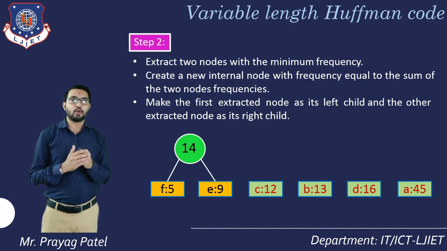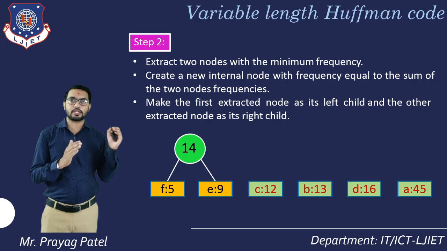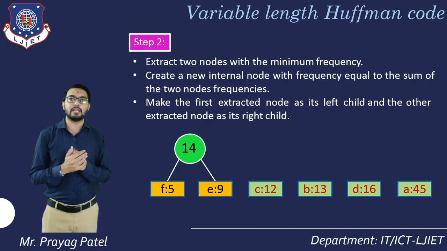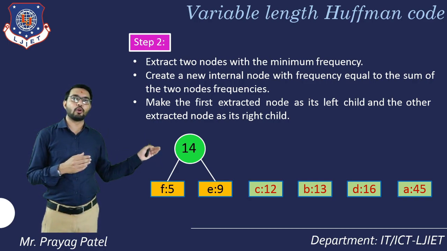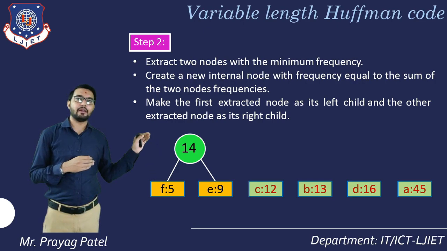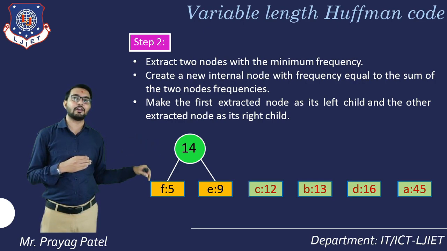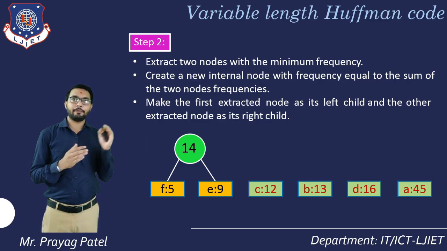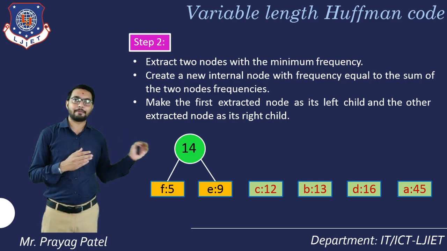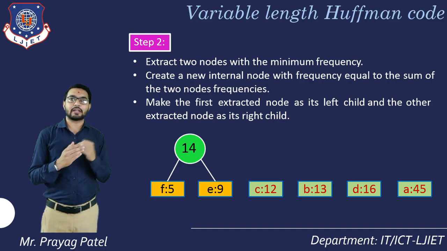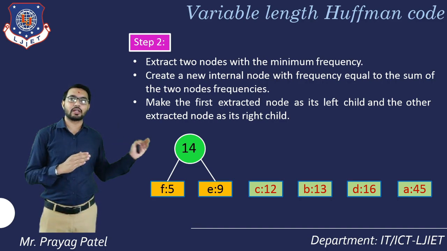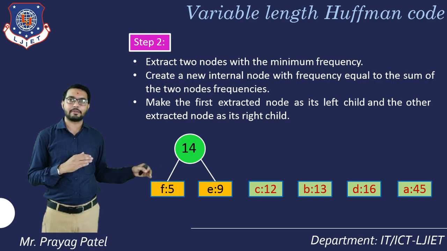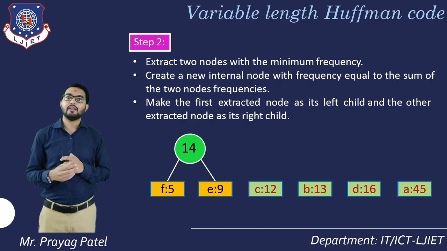Create a new internal node whose frequency equals the sum of the two nodes' frequencies. So the new internal node is 14, the addition of frequencies 5 and 9. Now make the first extracted node its left side and the other extracted node its right side. So F is the left side and E is the right side.